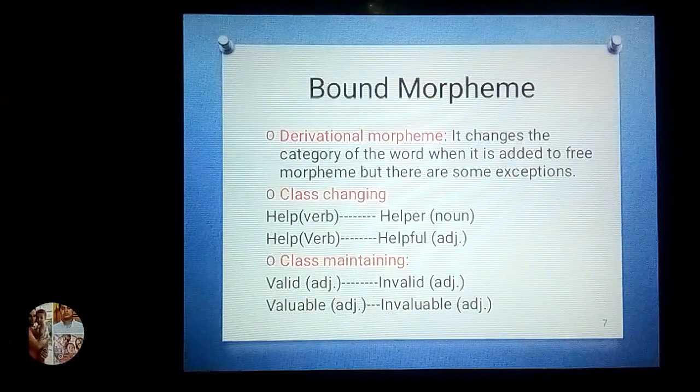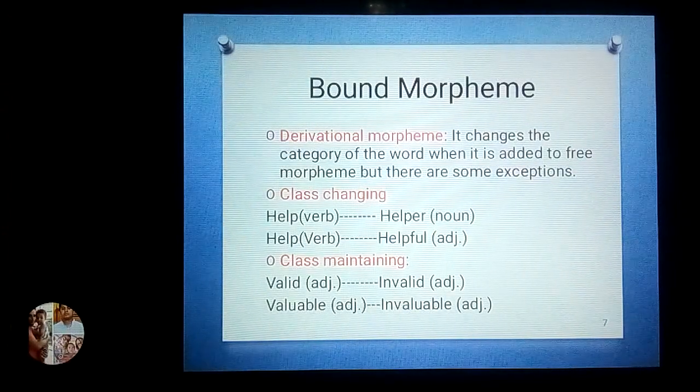Class changing morpheme. The morphemes that can change grammatical category of the word are called class changing derivational morphemes.